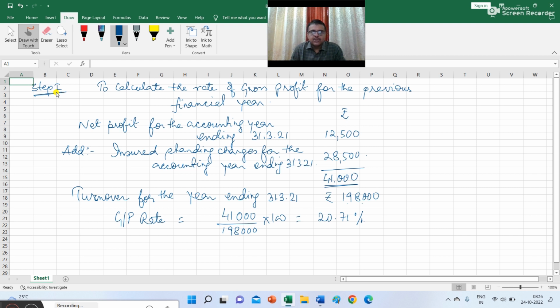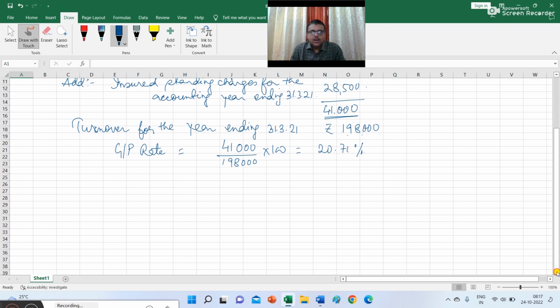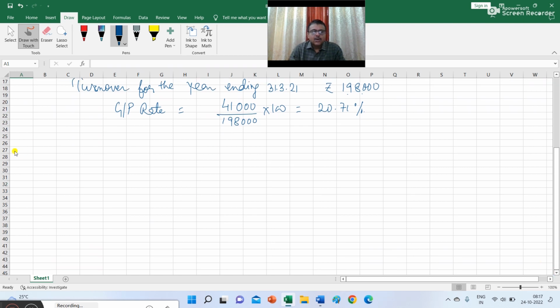Now you have to consider step 2. In step 2, we have to find out the amount of short sales. To calculate the amount of short sale, you have to consider the turnover for the previous year during the period of indemnity.